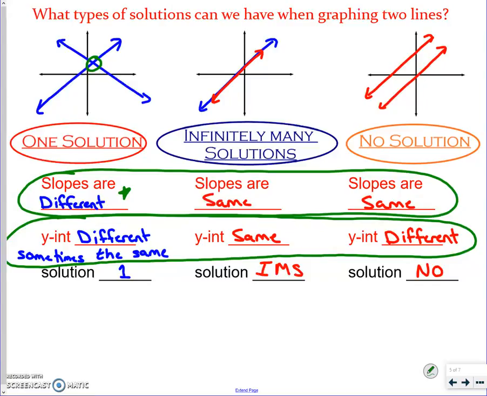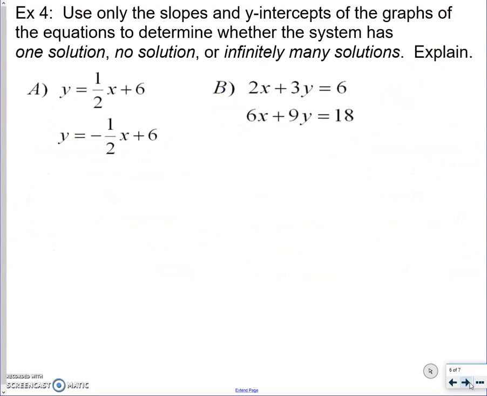All right, so let's look at some examples real quick. Use this information to figure out what type of answer we have, one solution, no solution, or infinite many solutions without making any graphs. So when we look at problem A here, we can see that the slopes are different.